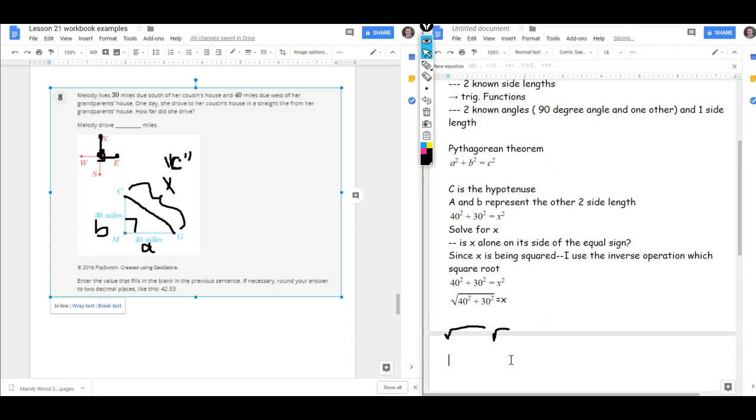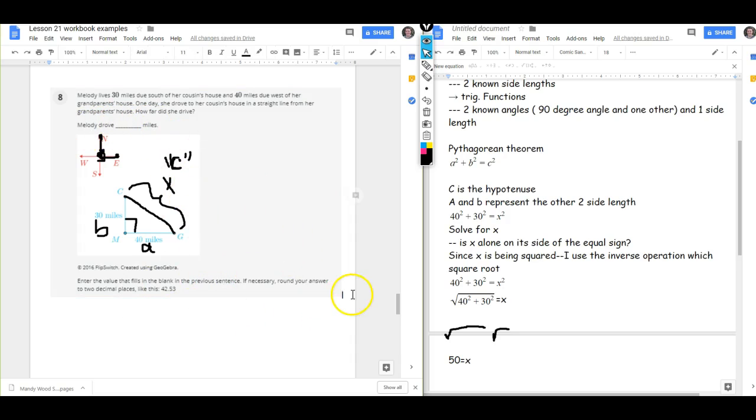So we have 50 is equal to x. On this, Melody drove 50 miles. So when you enter your answer, you would type in 50. Hope that helps.